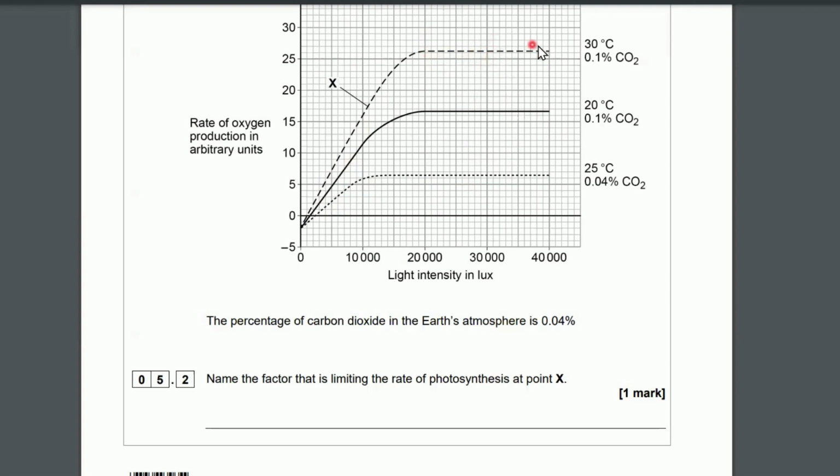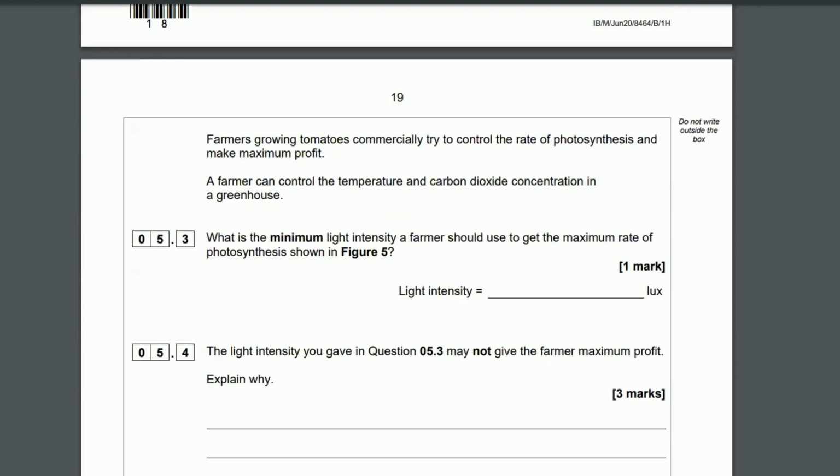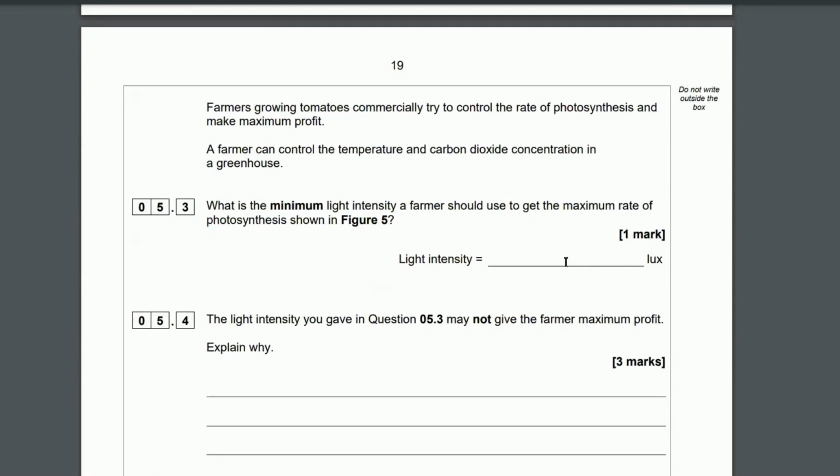And there's no point in giving them 40,000 because presumably using 40,000 is twice as expensive as using 20,000 light, and you get no increase in product. So we're going to say 20,000 is the light intensity they should use because it's the point at which the graph straightens and where light is no longer a limiting factor.